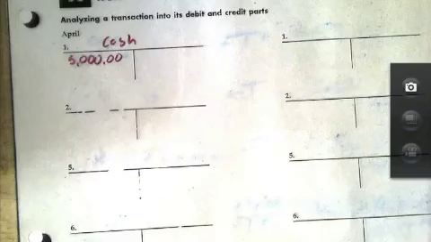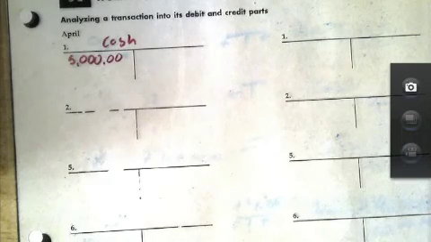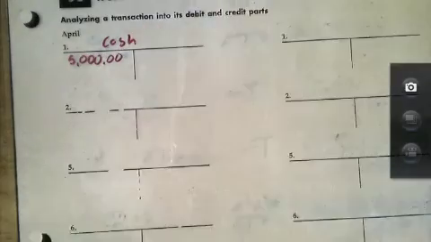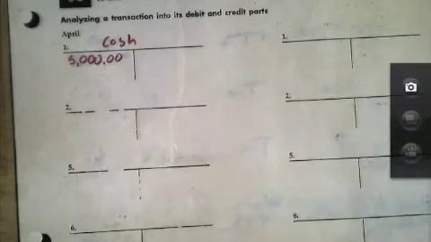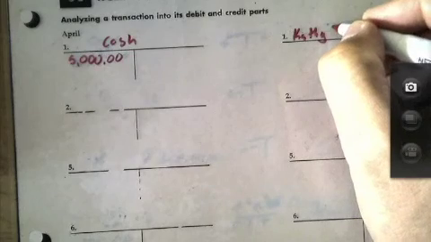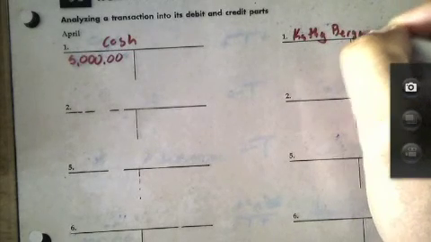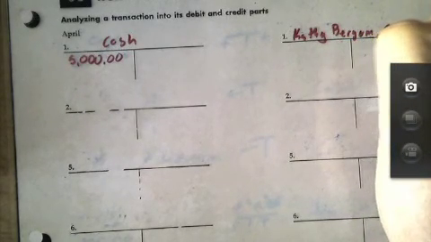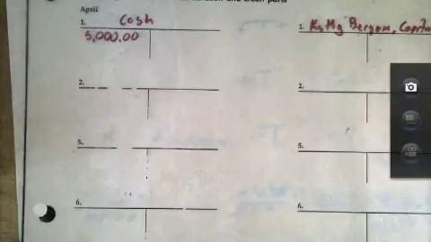What is the other account? Owner's equity. Okay, and that's in here. In here it says Kathy, it's the capital account. There's a list of the accounts on the top of there, and they work together. Kathy Bergam Capital. And that is going up as well, right?